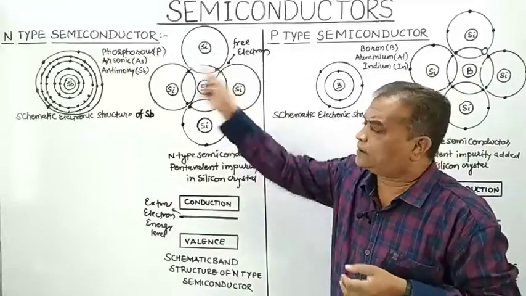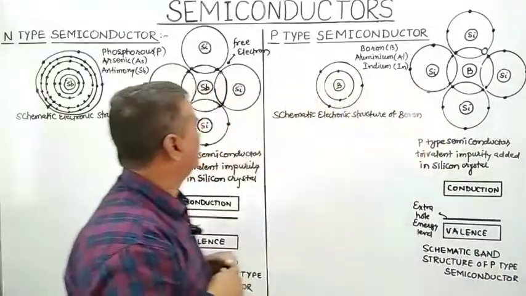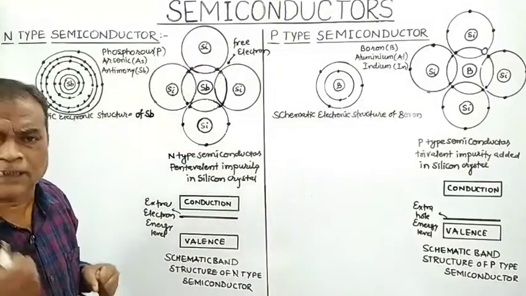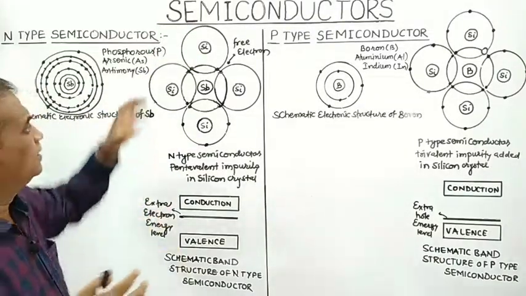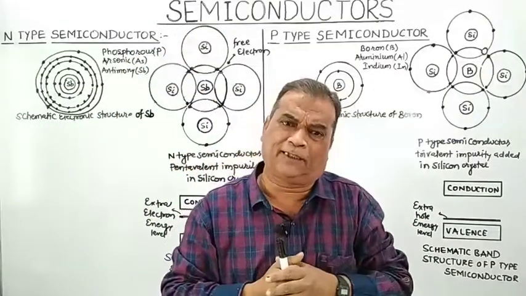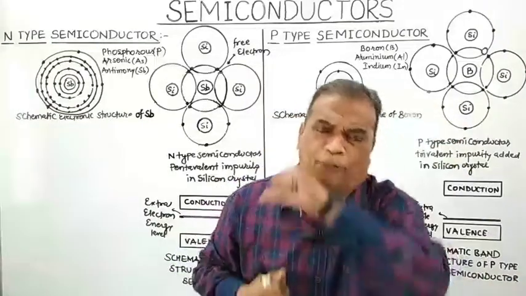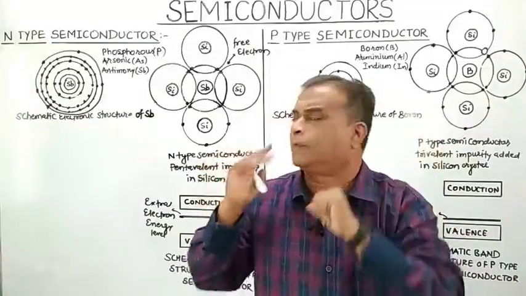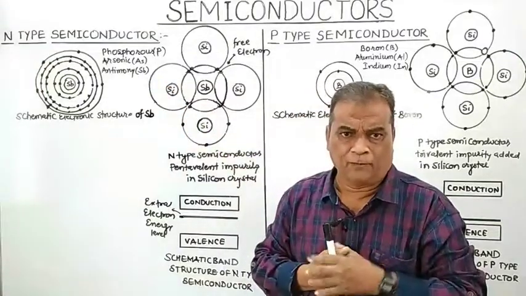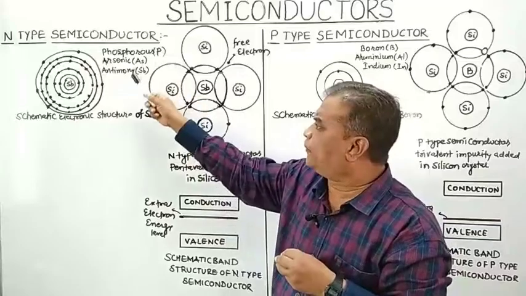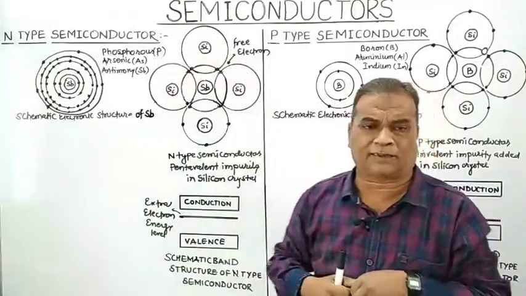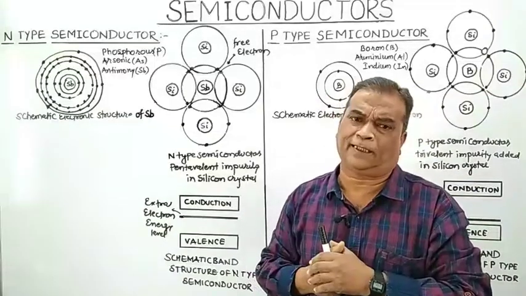As far as construction of an N-type semiconductor is concerned, whenever a pure silicon or germanium, which is a pure semiconductor, is doped with a pentavalent impurity such as phosphorus, arsenic or antimony, when a few atoms, maybe of antimony, are added as an impurity to a pure silicon crystal, then we will get an N-type semiconductor.